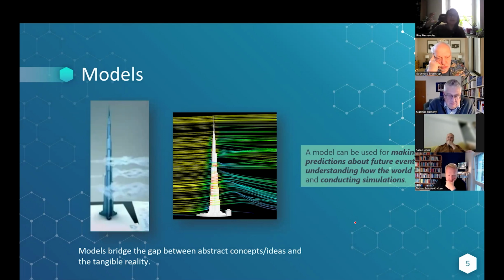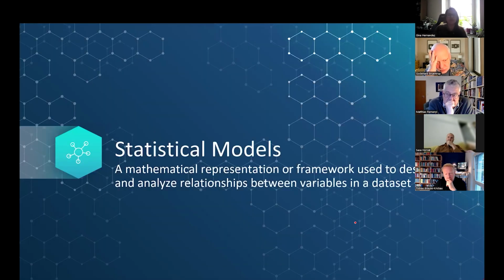This is why having these models helps us bridge between abstract concepts or ideas and the reality that we are finding in our sample. So this is why we are talking about statistical models today, and statistical models are just a mathematical representation or a framework used to describe and analyze relationships between variables, right?